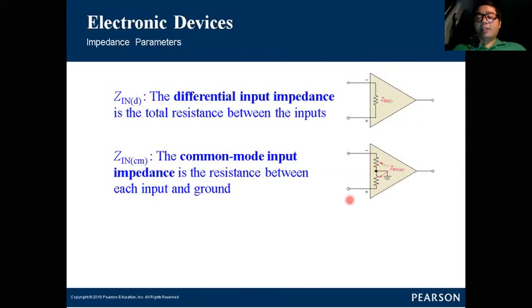And kung meron tayong input terminal dito and ito yung ground natin, ito yung resistance natin. So this is common mode input impedance and this is also common mode input impedance. So depende lang siya kung saan natin sinusukat or saan natin kinukuha yung impedance natin. Is it from the inverting input with respect to ground or is it from the non-inverting input with respect to ground.